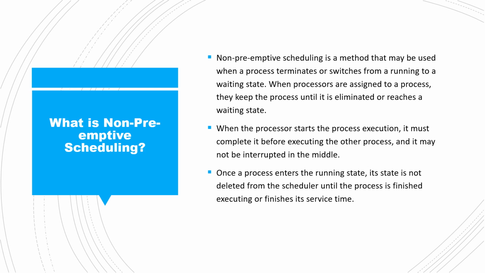In this method, it is used when a process terminates or switches from the running to the waiting state. When the processor is assigned to a process, it keeps the process until it terminates or reaches the waiting state. When a processor starts the process execution, it must complete before executing another process and it may not be interrupted midway. This is called non-preemptive.